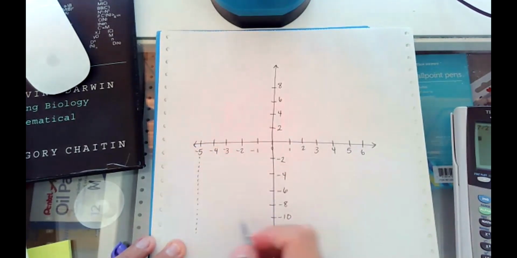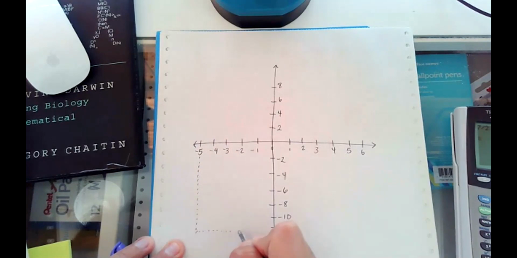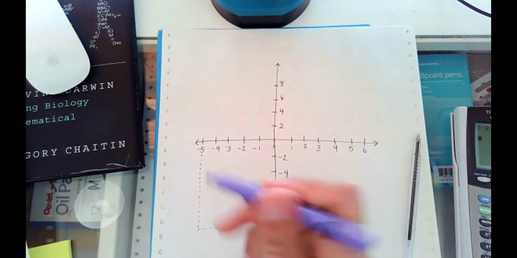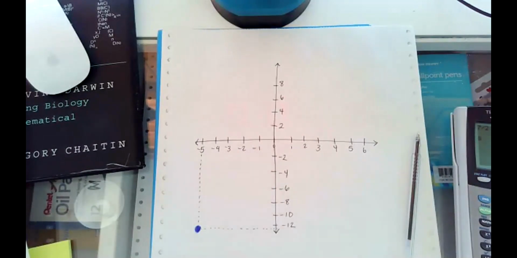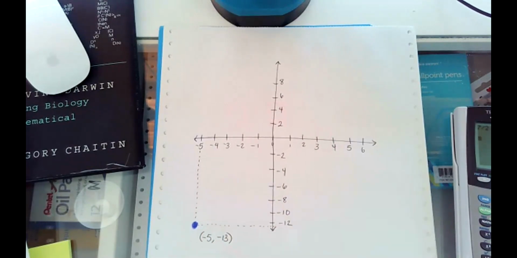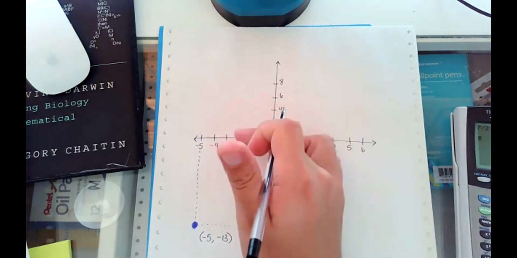Try to make that as straight as possible, and we'll call this -13 just a little bit below the -12. I'm going to put my dot right here, and I will call this -5, -13.